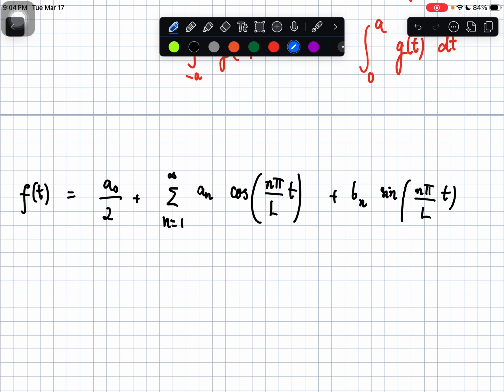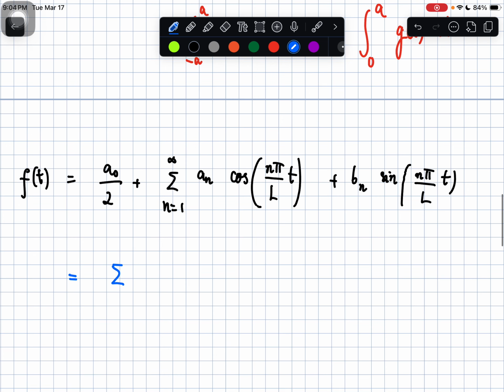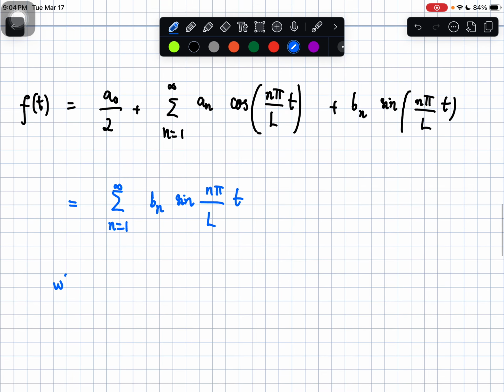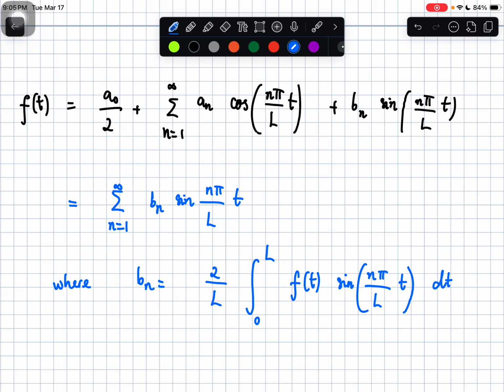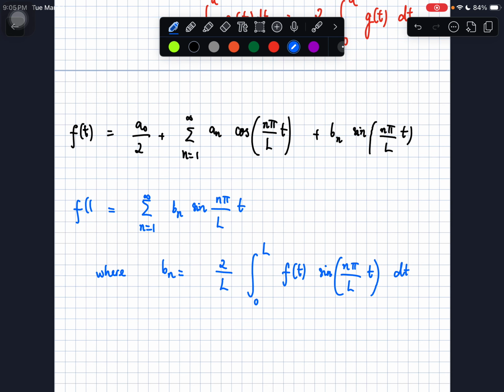So the summation now contains only the sine terms, from 1 to infinity of bn sine(n pi over L t), where bn equals 2 divided by L times the integral from 0 to L of f(t) sine(n pi over L t) dt. So this is our Fourier series of an odd function.